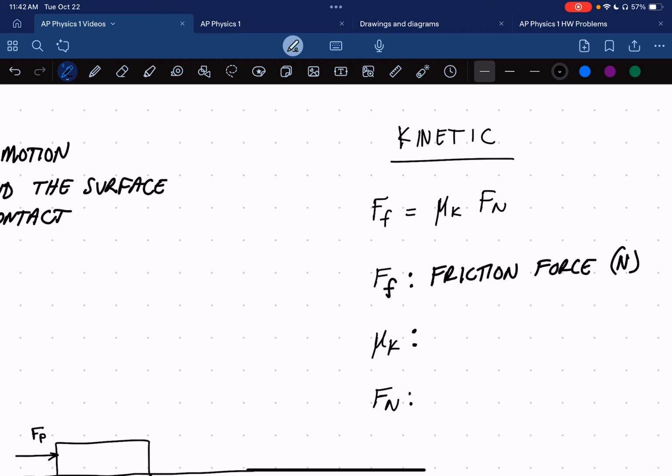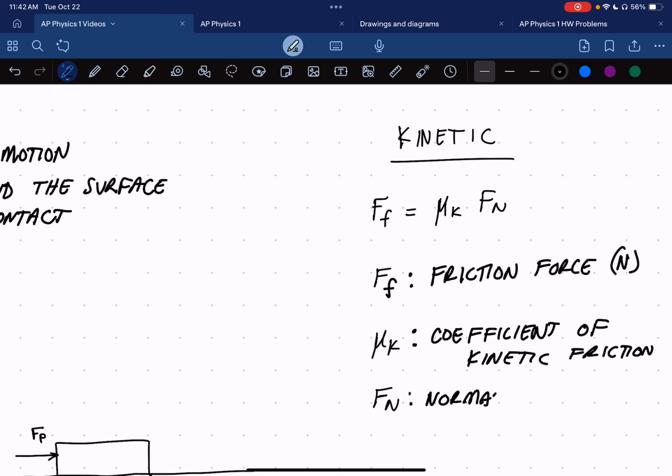And then it's got a subscript of k. So this is the coefficient of kinetic friction, where there's no units for that one. And of course, we know about the normal force on the object, Fn, which is also in newtons.